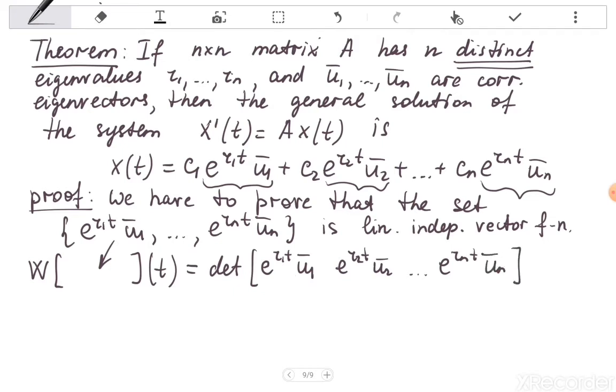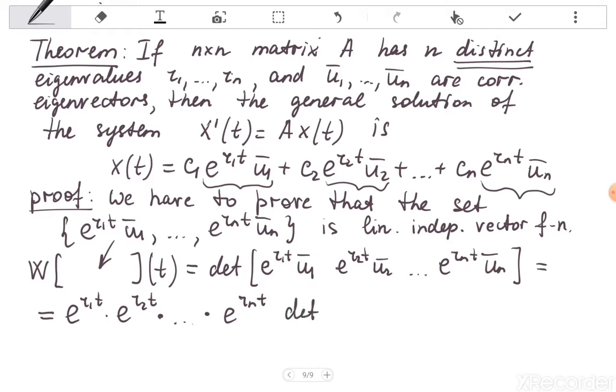And the determinant has the property that we can take out of the determinant the multiple of each column. So u1 now is a column of the matrix, right? And the multiple of this column is e to the r1 t, so it can be taken out of the determinant. The same for the second column, and so on, up to the nth column.